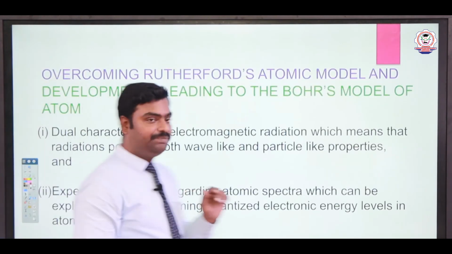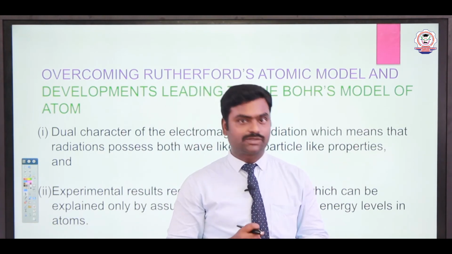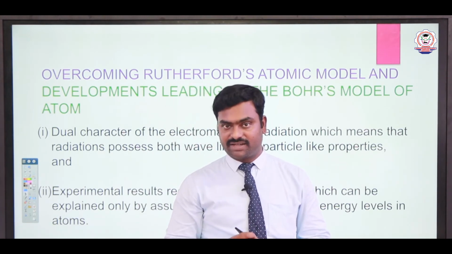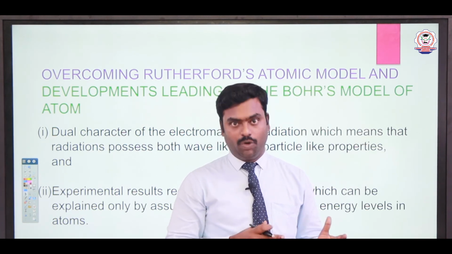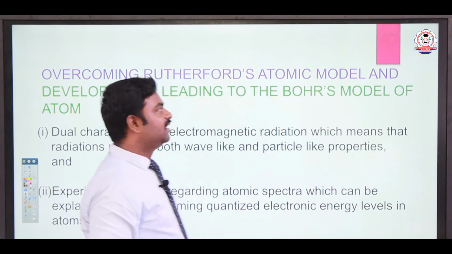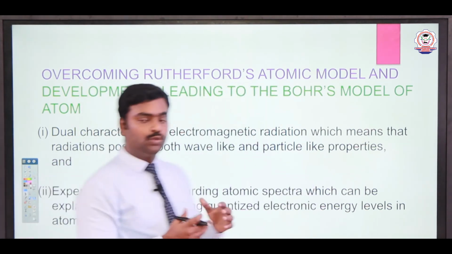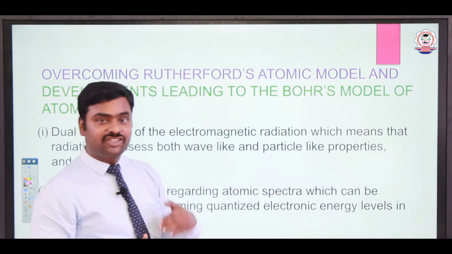So using these three different works, what are they? Max Planck's work, the photoelectric effect, then the atomic spectrum. Niels Bohr predicted the Bohr atomic model, trying to overcome the drawbacks of Rutherford's planetary model.